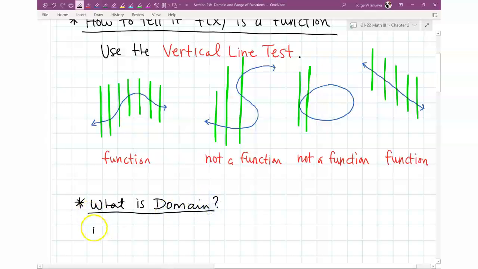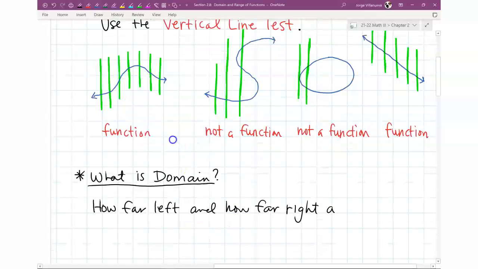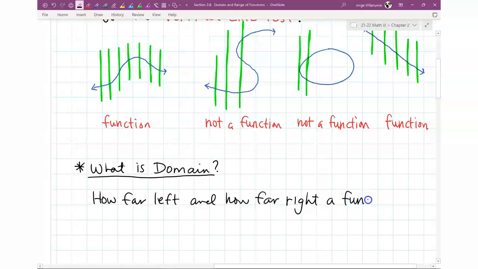So domain is how far left and how far right a function expands. So in other words, how far left and how far right does it go?